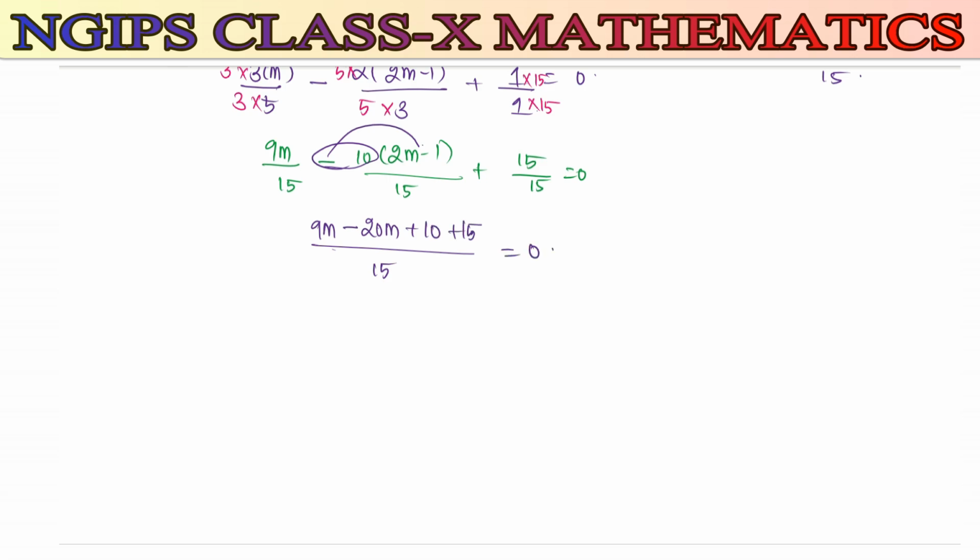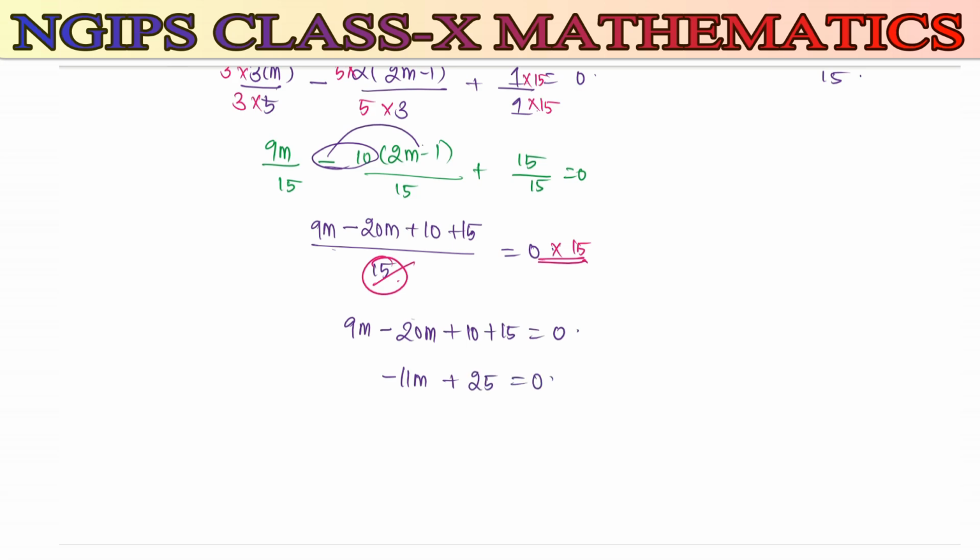When you shift this division 15 to the opposite side, it will become multiplication. So into 15, 0 into anything you will get 0. So here I can write 9m minus 20m plus 10 plus 15 is equal to 0. 9m minus 20m we get minus 11m, plus 10 plus 15 you will get 25, is equal to 0.